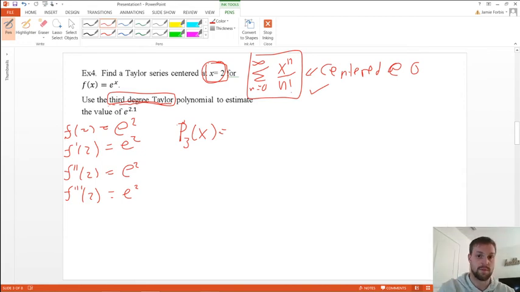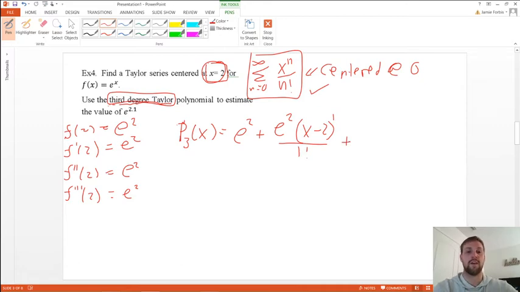So I'm just going to write e squared plus, and then it's f prime of 2, which is e squared, times x minus a, so that's x minus 2 to the 1st over 1 factorial. Just to get used to the formula here, plus f double prime of 2, which is e squared, times x minus 2 squared over 2 factorial.